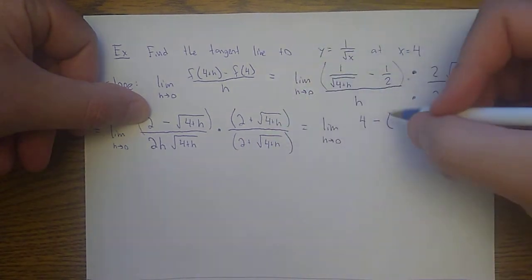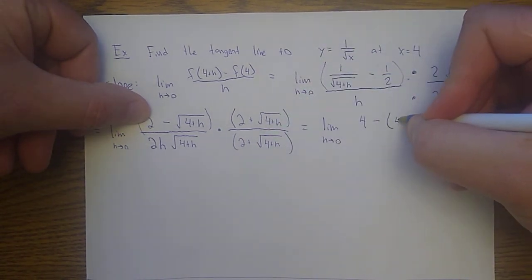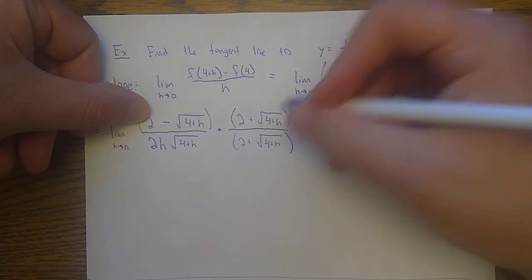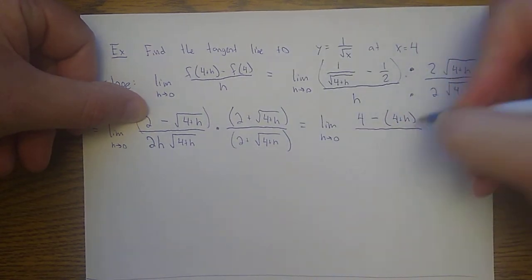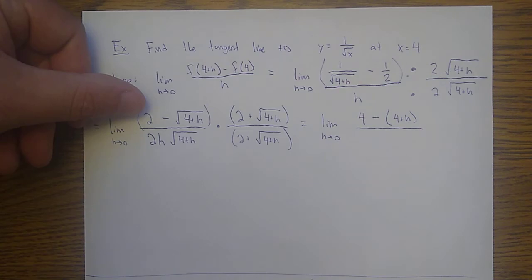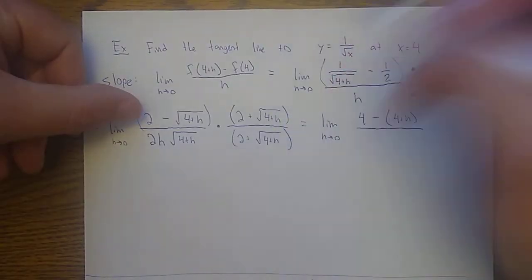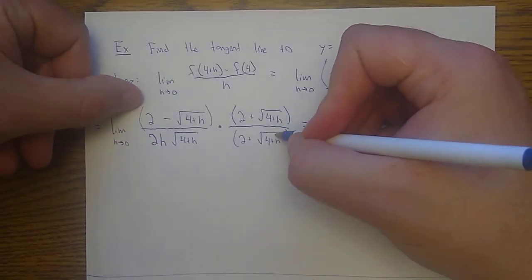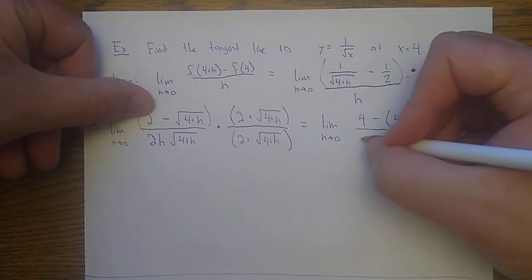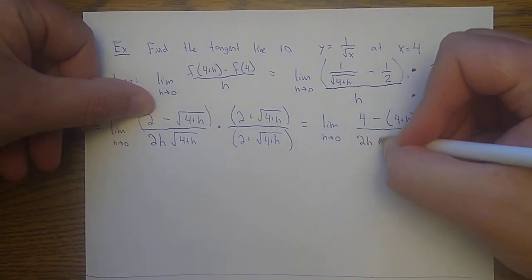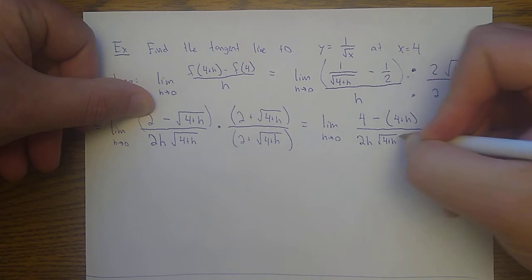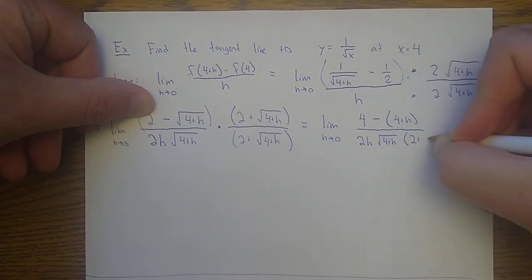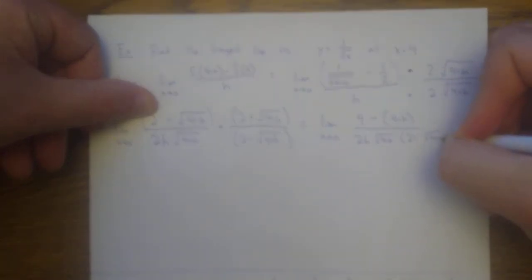This squared just takes off the square root, so I just get 4 plus h without a square root on it. Yeah? And on the bottom, I'm not going to multiply anything out. I'm just going to write 2h, 4 plus h, like that.